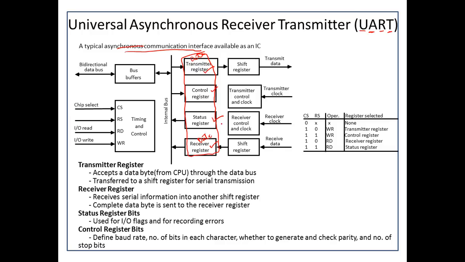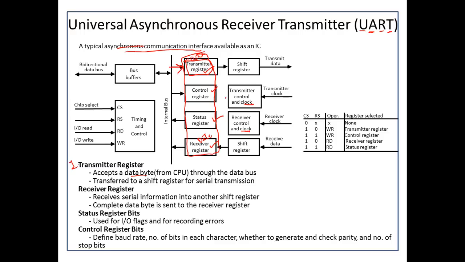But now this universal asynchronous receiver transmitter will work upon the clock signals, depending on when the receiver or the transmitter or destination is there to send the data. So first of all, let's understand the role played by all these registers. Only then can we understand the functionality. The very first one is the transmitter register, which will accept the data in the form of bytes from the CPU.